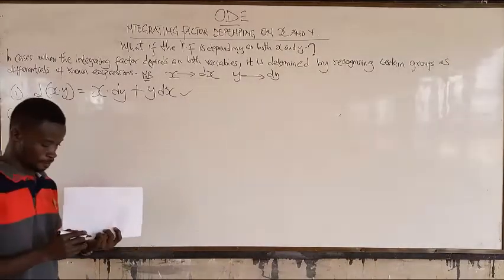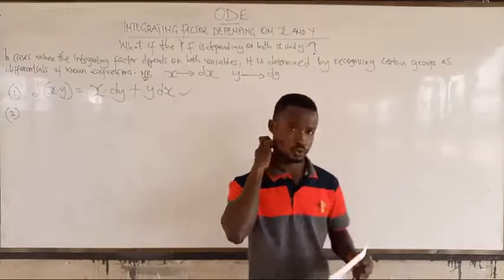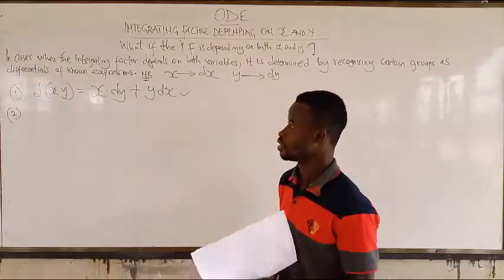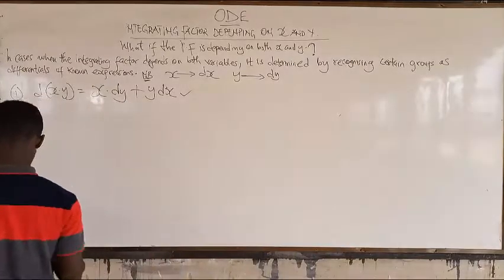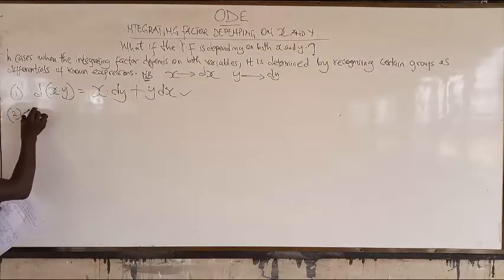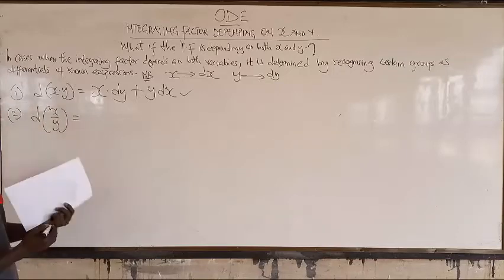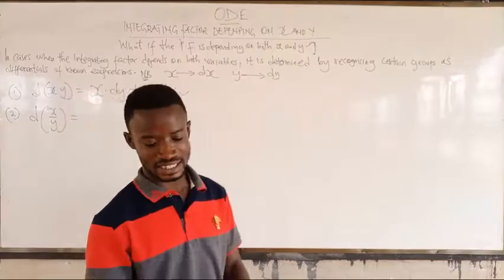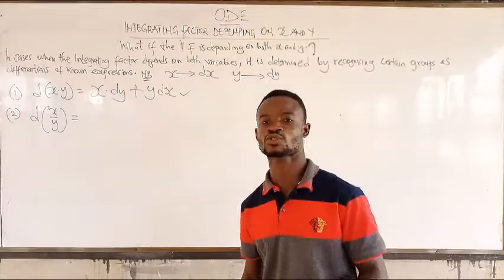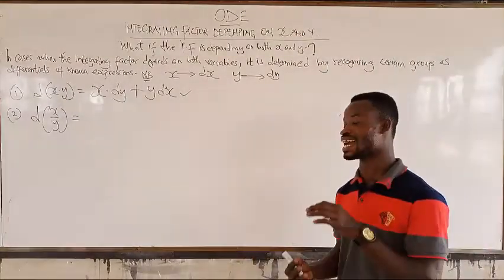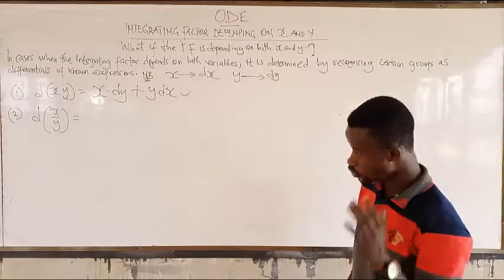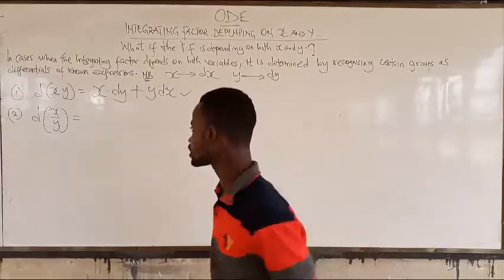2. The derivative of x over y. This is two functions being divided, that is quotient rule. So we do quotient rule right now.